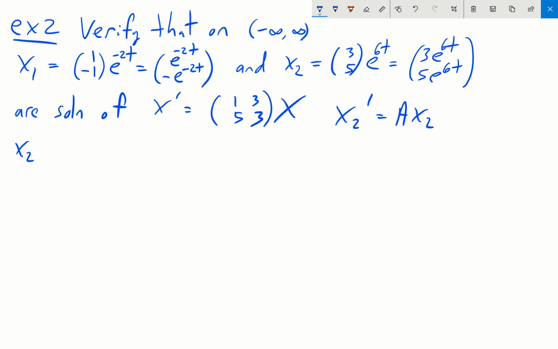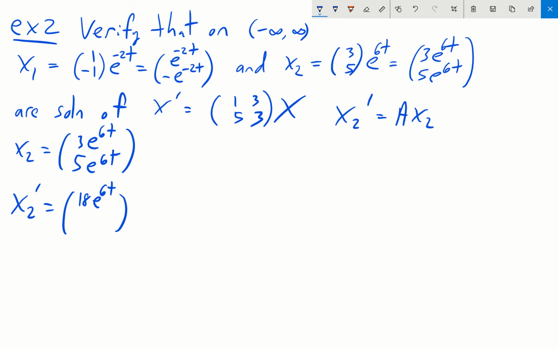Well, we have x2. x2 is 3 e to the 6t, 5 e to the 6t. Let's form x2 prime. This is going to be equal to the derivative of this function here. That should give us 18 e to the 6t. The derivative of this one here is going to be 30 e to the 6t.